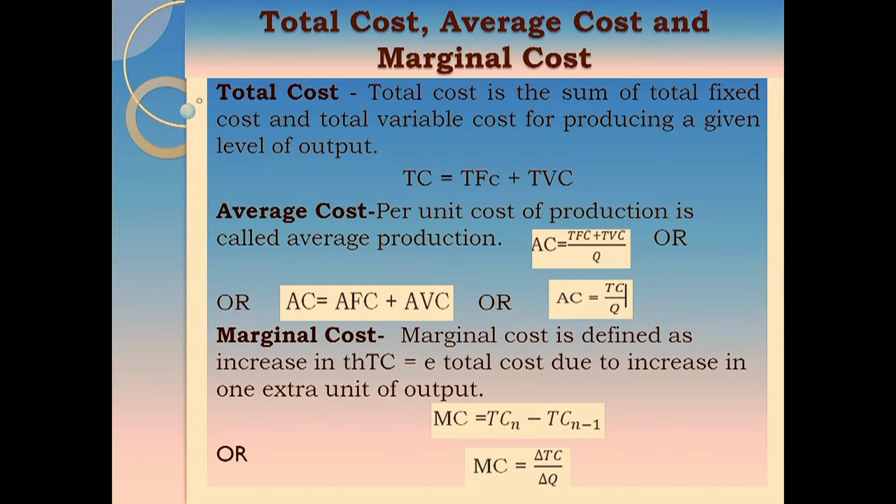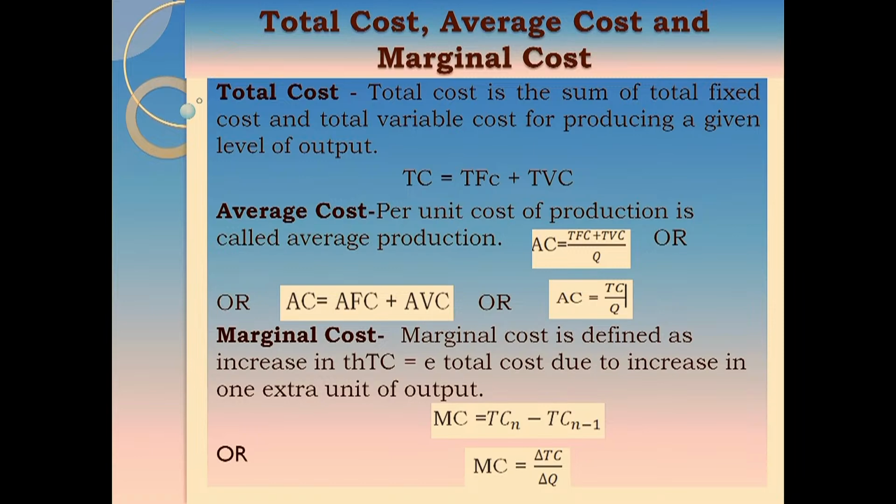In the case of average cost, औसत लागत के अंदर हम लोग AFC plus AVC divided by Q. It means the unit of production. Clear? So this way we can calculate the value. So we find the same result. So don't get confused about how to calculate average cost. Both ways we can calculate.